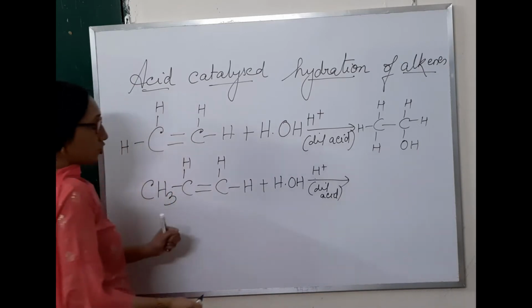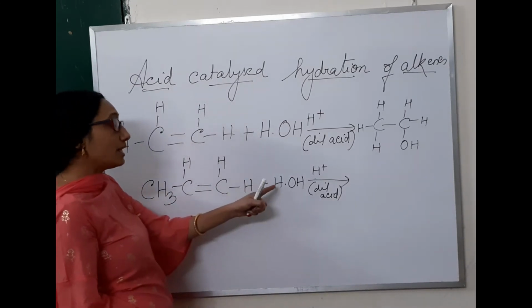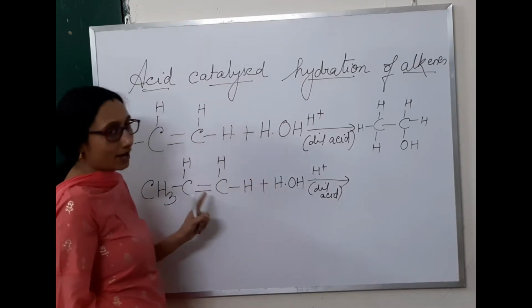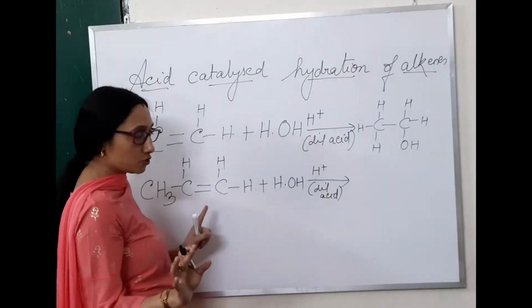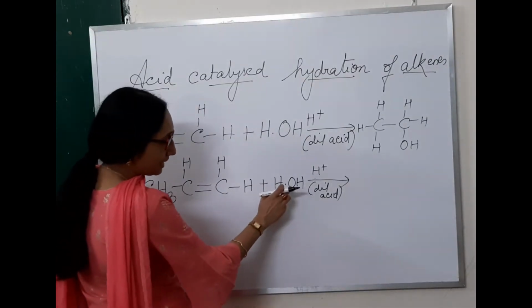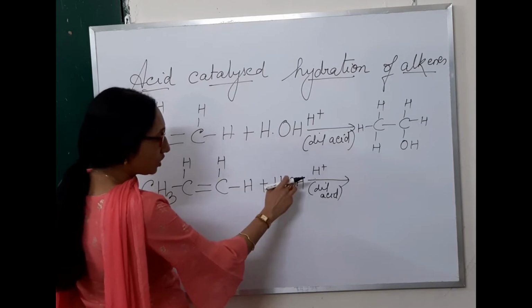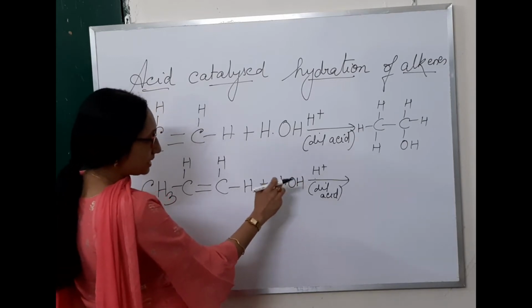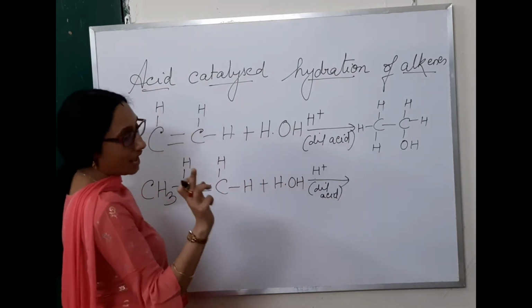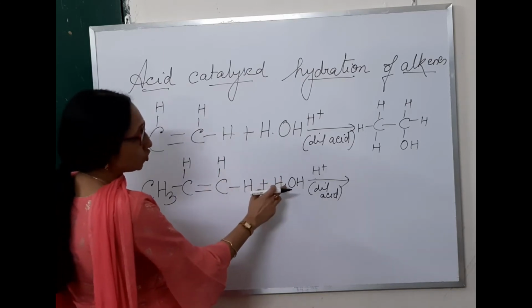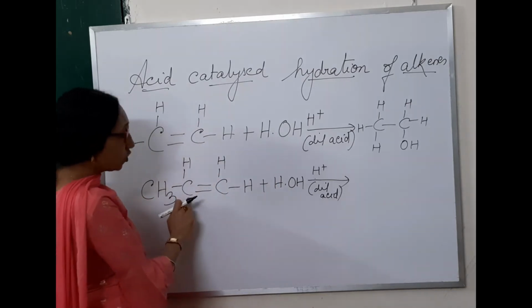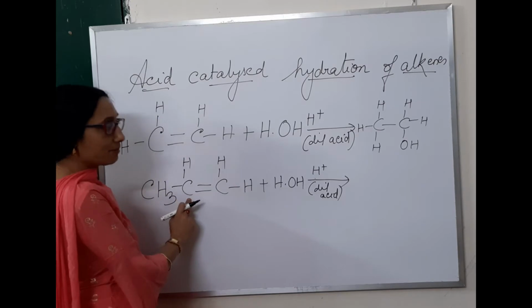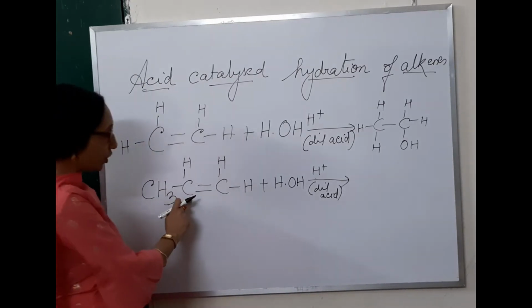Now in this case what will happen? Water will add to propene according to Markovnikov's rule. Now OH minus is the negative end of water. So OH minus or the negative part of the addendum will go to that carbon atom which contains less number of hydrogen. This is Markovnikov's rule.